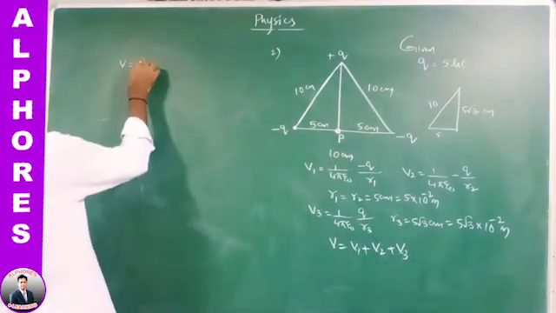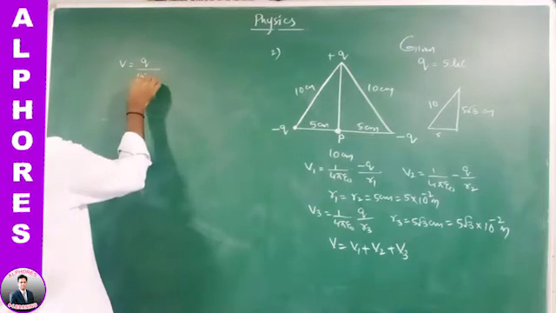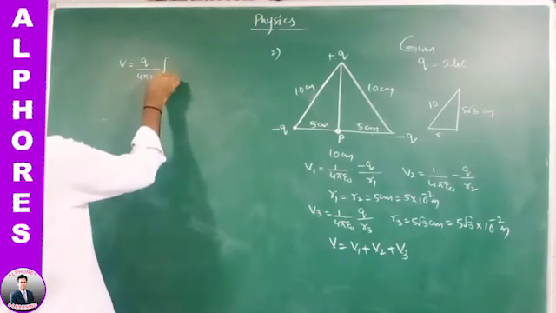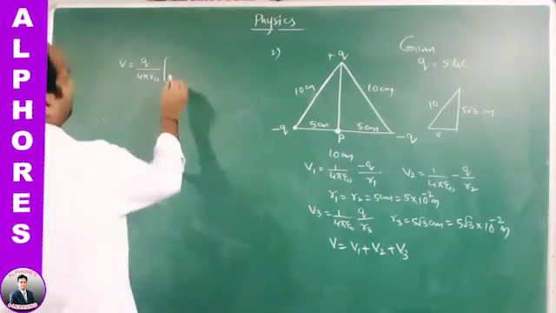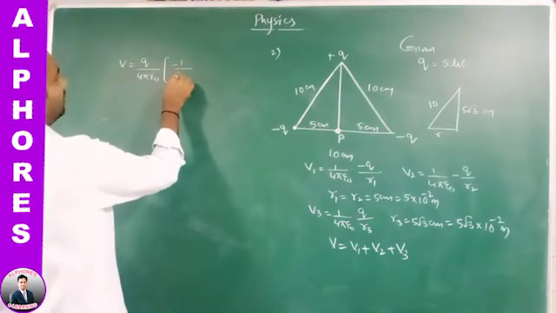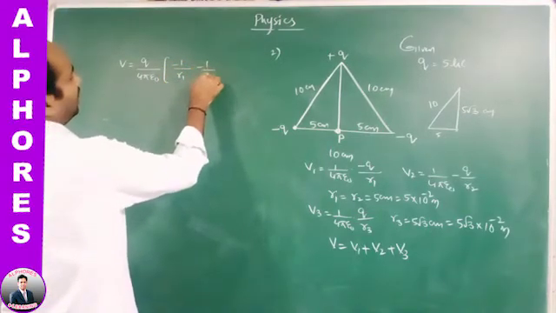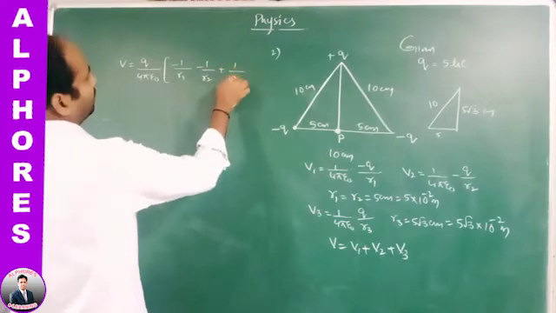So you may take q by 4 pi epsilon naught common. So what you will get here: minus 1 by R1 minus 1 by R2 plus 1 by R3.